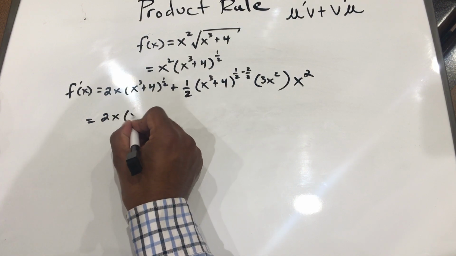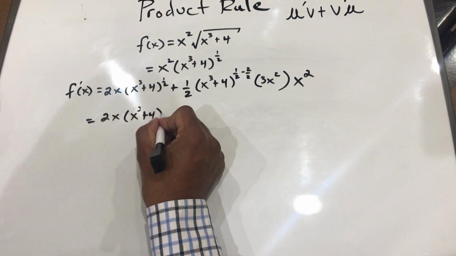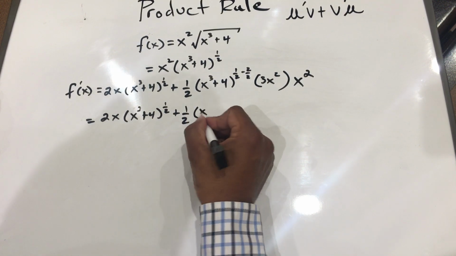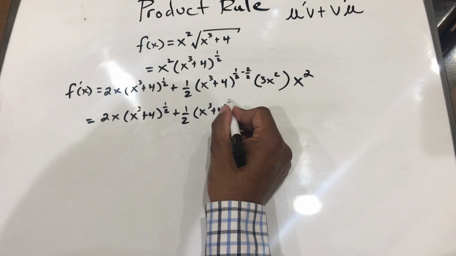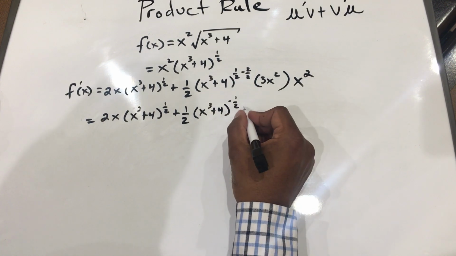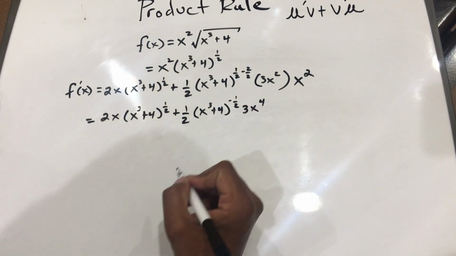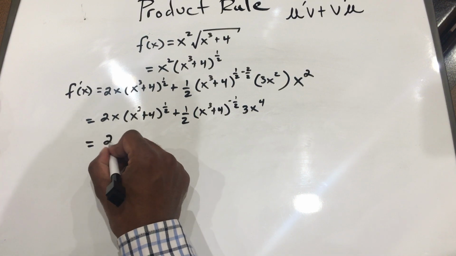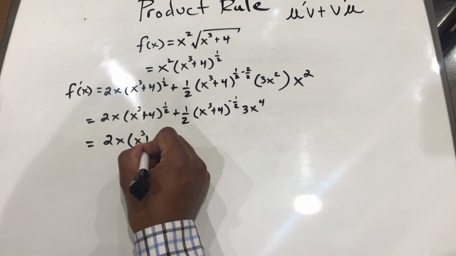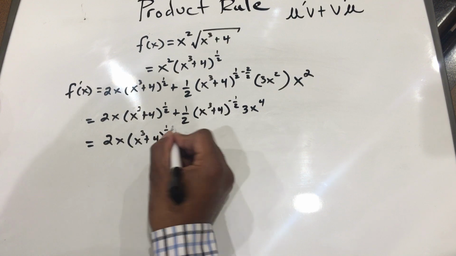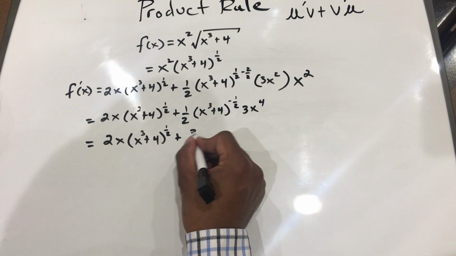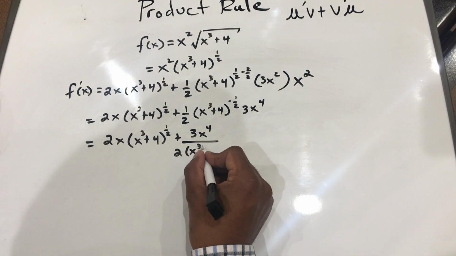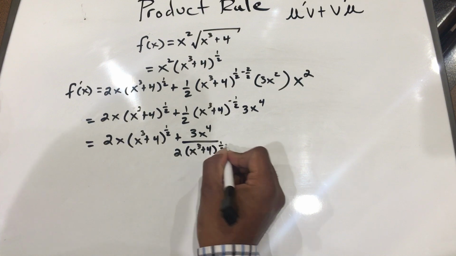Simplify a little bit. Still simplifying. This is going to end up becoming 3x to the fourth. Now, simplify a little bit more. This is going to become 3x to the fourth over 2 times x cubed plus 4 to the 1/2.